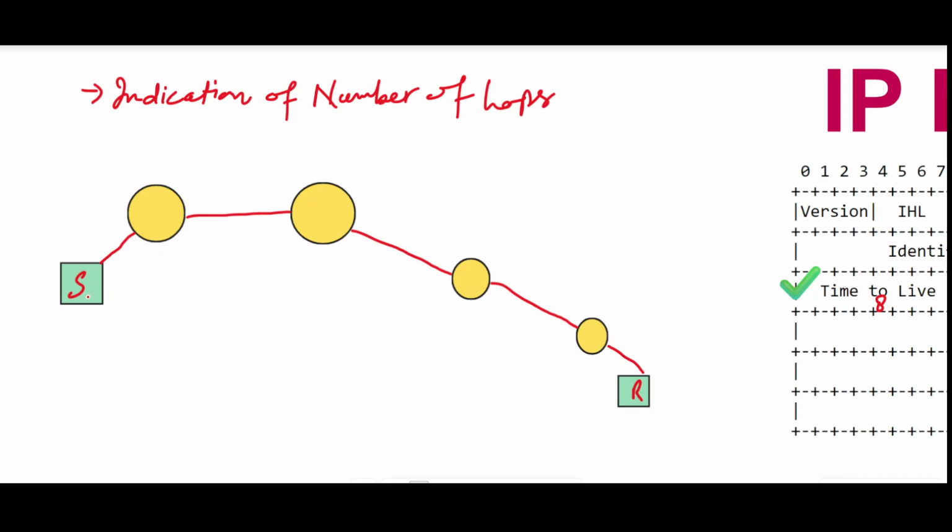Now, suppose from this side the TTL is decided. Suppose this is router 1, this is router 2, this is router 3, this is router 4. Clear?